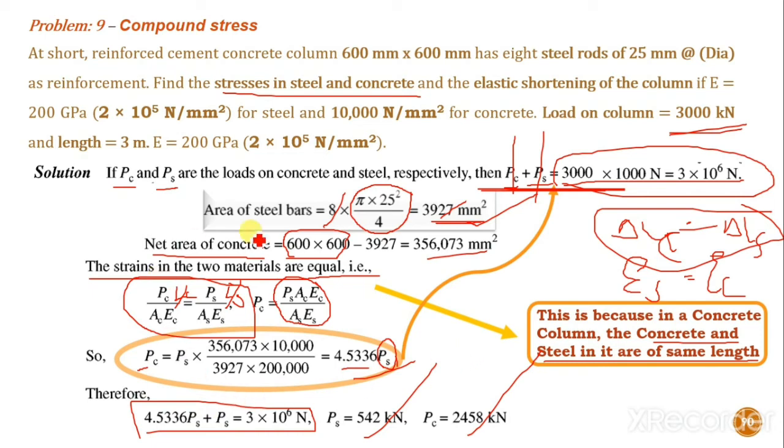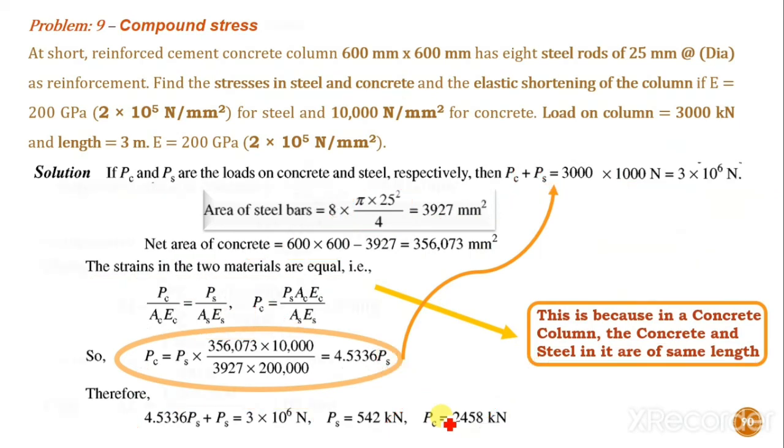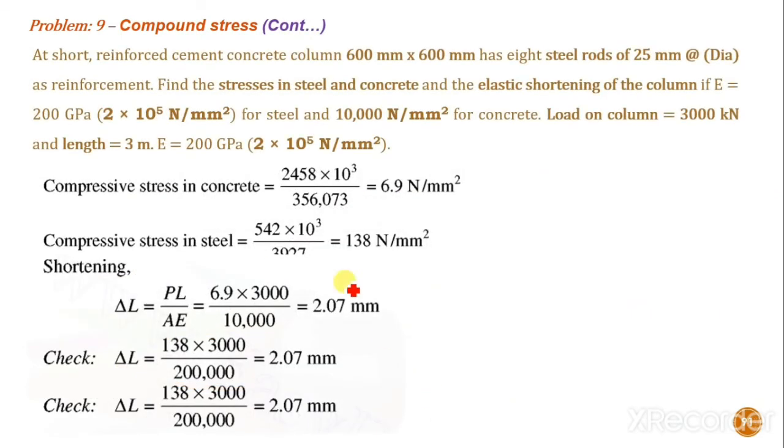So this is how you found out the loads being shared. If you add these two, you are going to get 3000 kilonewton. So now these are the P S and P C values. Now you can calculate the stresses in concrete and steel, force divided by area. That is what we have done here.